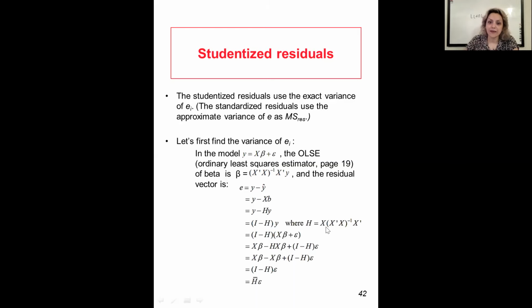For example, you will see that at the end of this chapter, I wrote down all of the equations, and you will see that it's based on the hat matrix. So we can write down e, the residual vector, when we do some playing with the mathematics behind it, when we define the hat matrix.